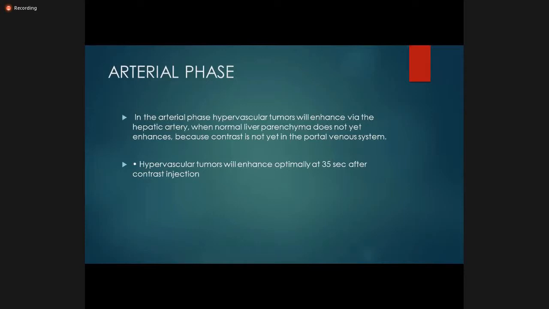So lesions that are hypervascular would show up in the arterial phase, in the early part of the CT scanning. Optimally, the hypervascular tumors enhance at about 35 seconds after the contrast injection.